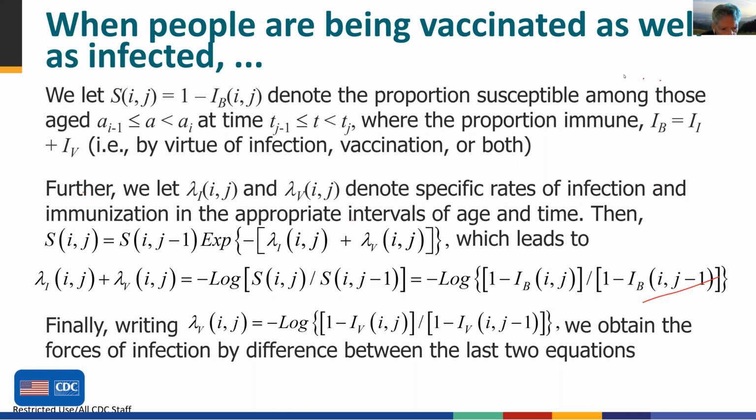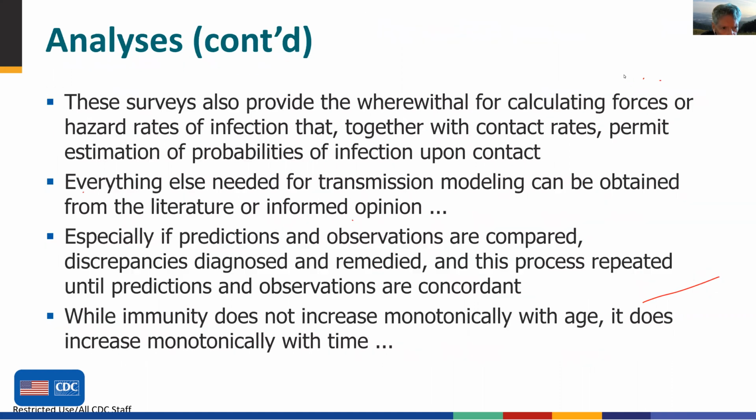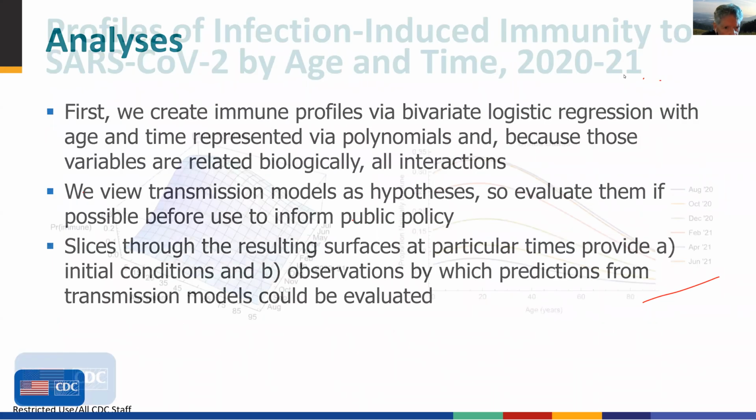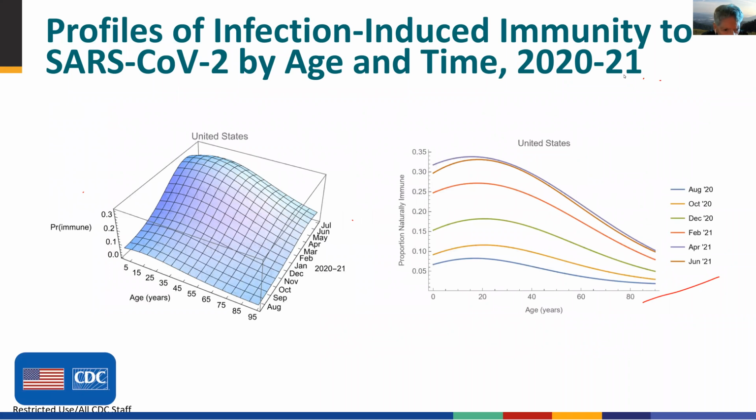In the survey from which this three-dimensional figure and these slices are obtained, it's only infection. So these are the proportions immune by virtue of infection in the different age groups and periods of time.